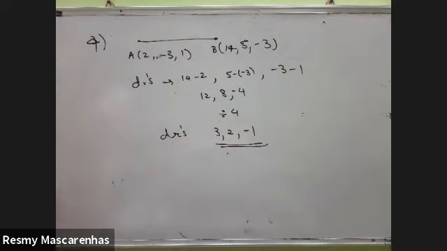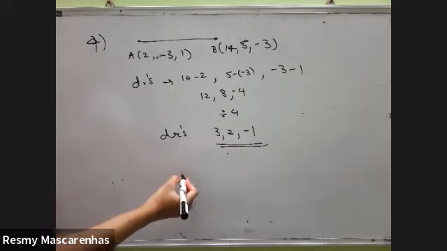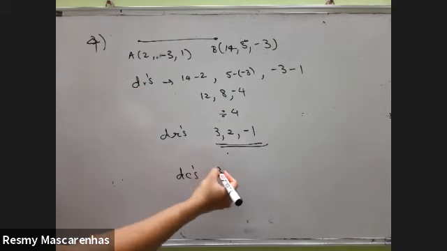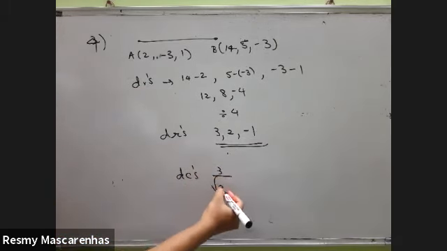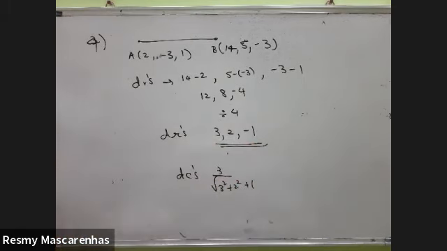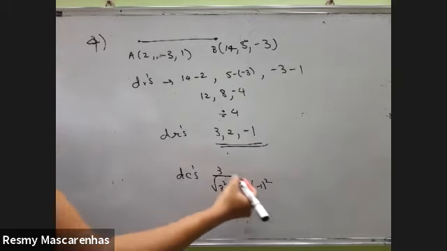And now find the direction cosines, by dividing by the root of the sum of squares. Whether it is minus or plus, you can straight away write 1, because even minus 1 the whole square will be plus.